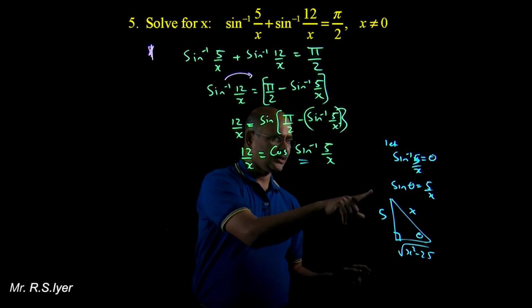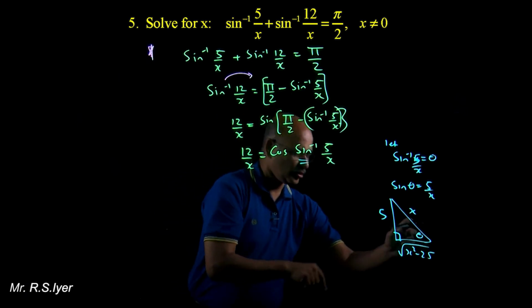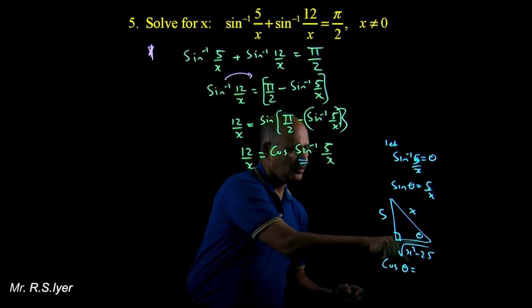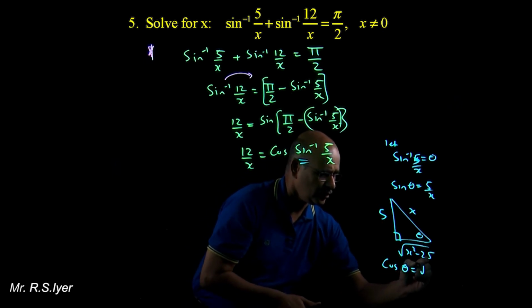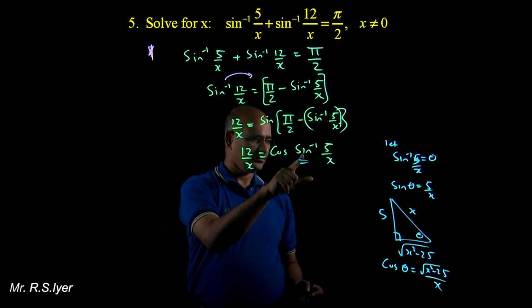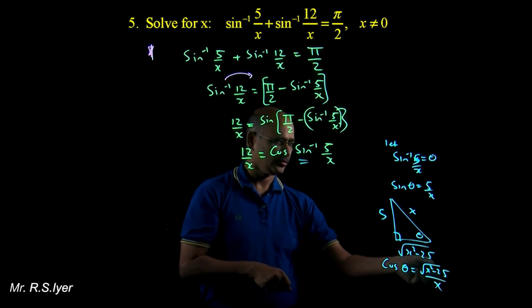So now understand, I want it in terms of cos. So cos theta will be what? Adjacent upon hypotenuse, root of x square minus 25 upon x. And finally, remember, theta will be what? Cos inverse.